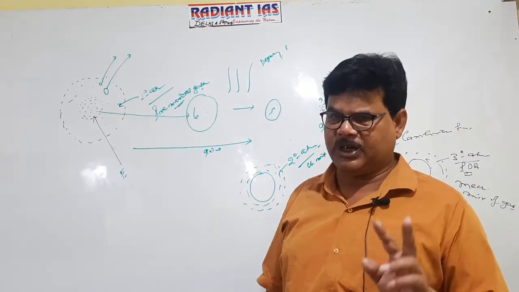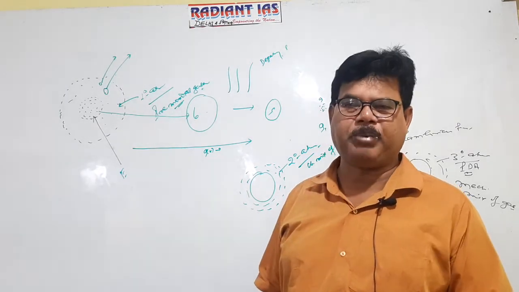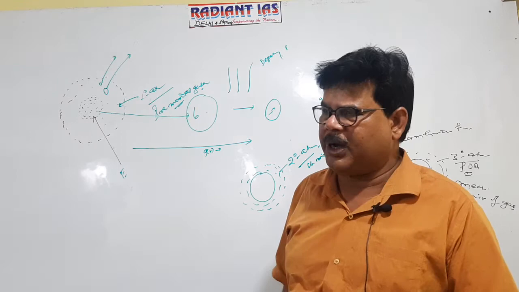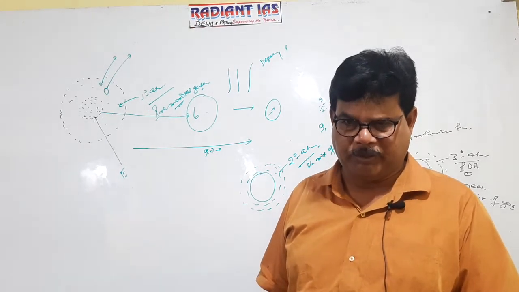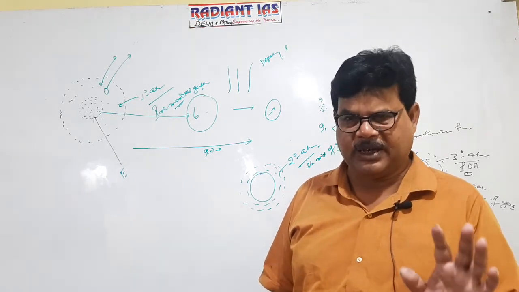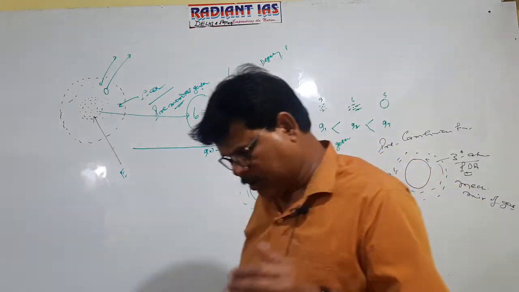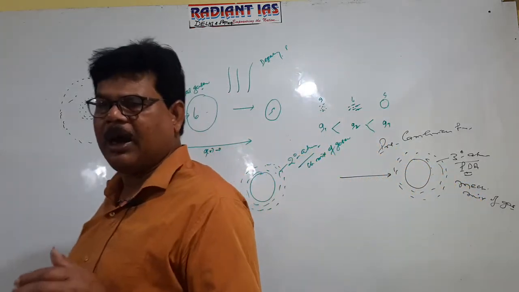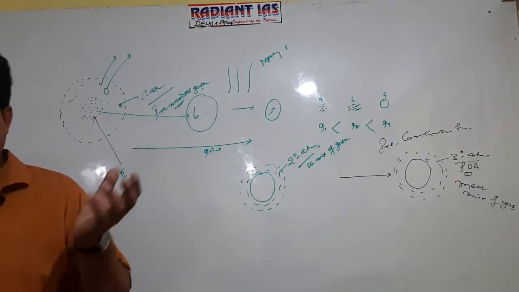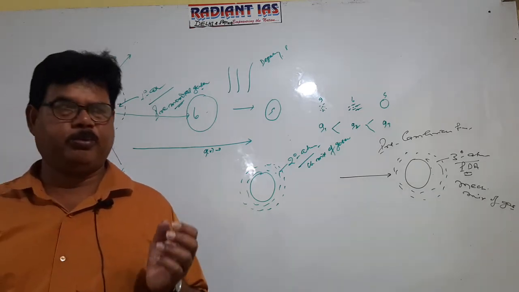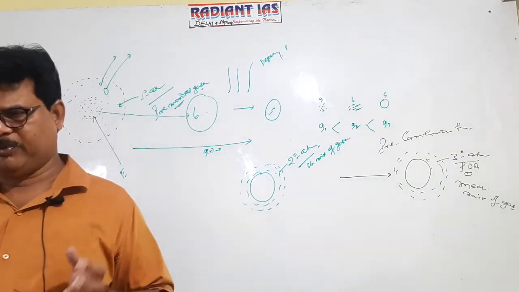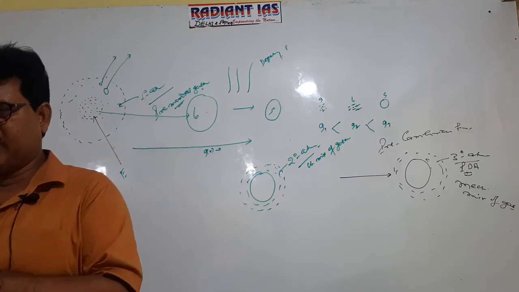Two factors were responsible for the loss of the primary atmosphere. First was the weak gravitational pull of the Earth, as Earth was existing in the gaseous form, and the second factor was that primordial gases were highly energized. That's why the weak gravitational pull could not hold the primary atmosphere. It was lost to the outer space.